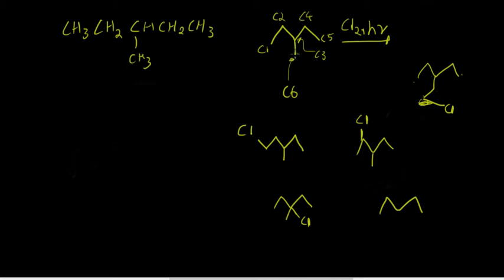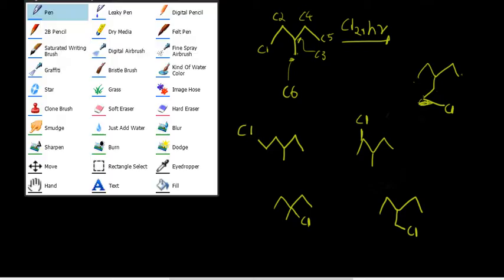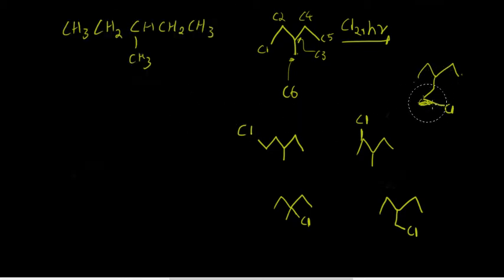So chlorination at this C6 carbon would yield a distinct product, even though it's a primary chlorination product, just like the result of chlorination at C1 and C5. Okay, let me erase this. This was just a hypothetical scenario, related to this problem but a different compound, if we had an ethyl group at C3 instead of a methyl group.